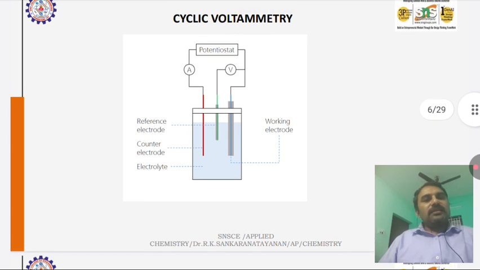As I said, there are three electrodes: reference electrode, counter electrode and working electrode. For the working electrode, we keep the sample at the bottom of the electrode, taking about 10 mg or 15 mg of the material. We use a Nafion film, a polymer that acts as a conducting polymer, and stick it on the bottom of the working electrode.